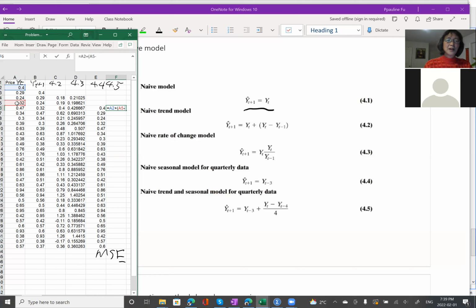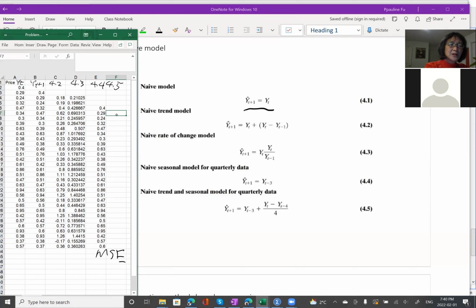So for this one, we have to start with the next cell because we have to start with here. Okay, so when you start with here, you are forecasting t plus 1, y hat. So this cell is t plus 1. So where is t? Y_t?